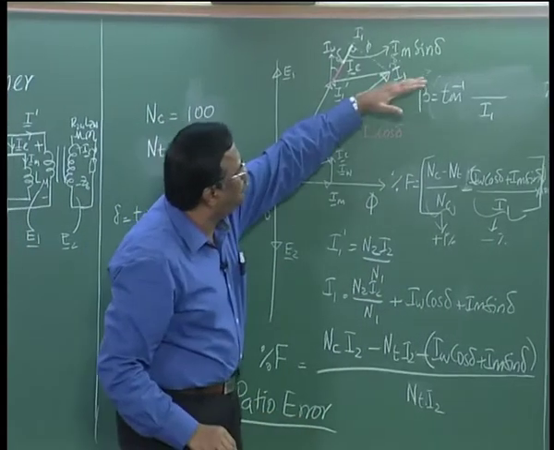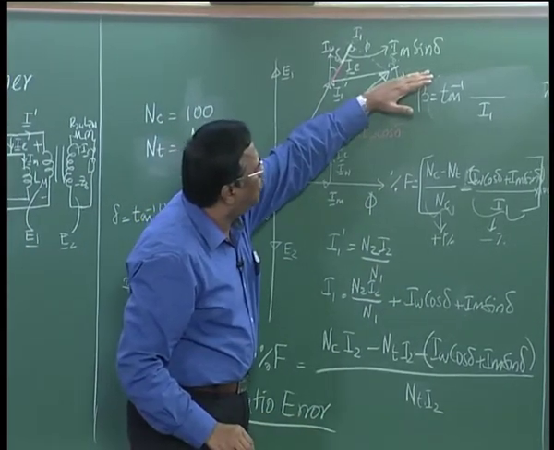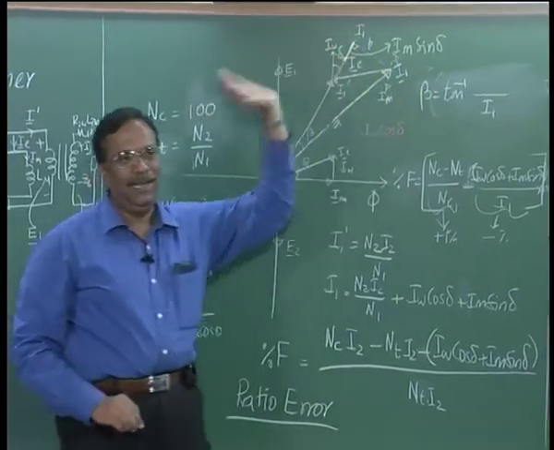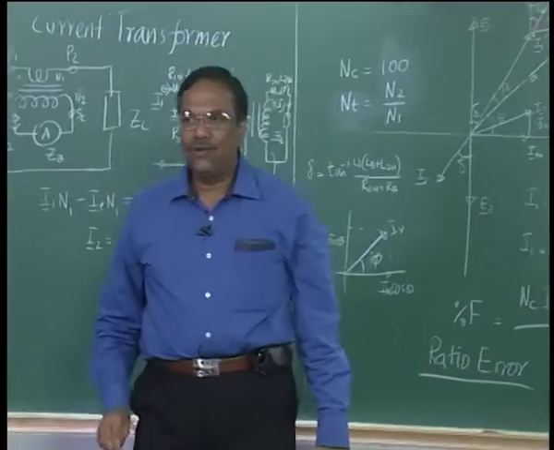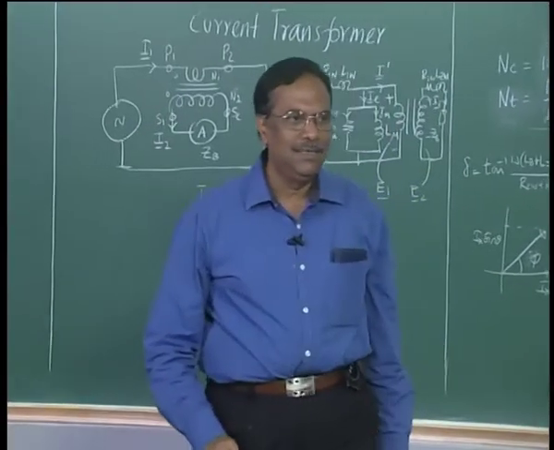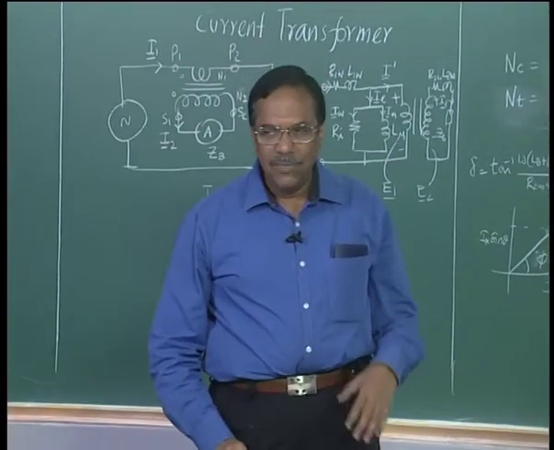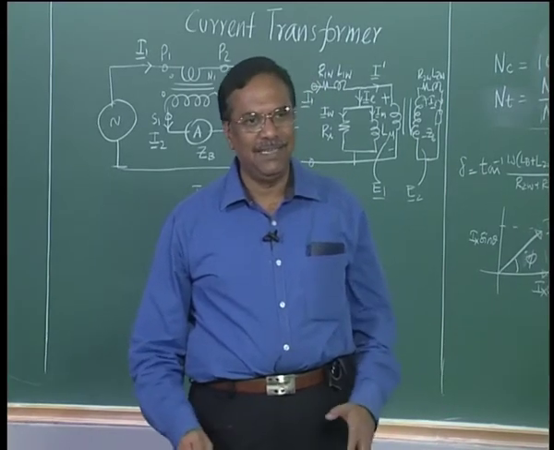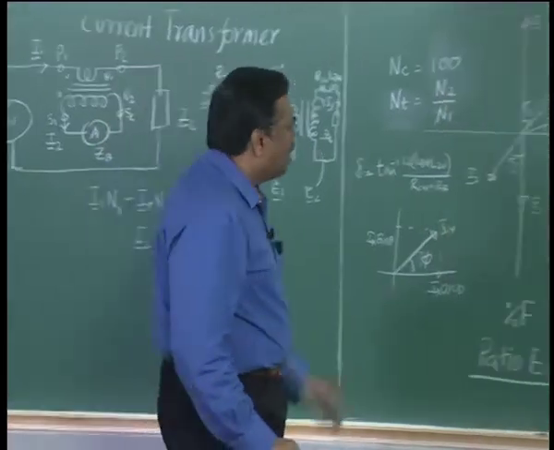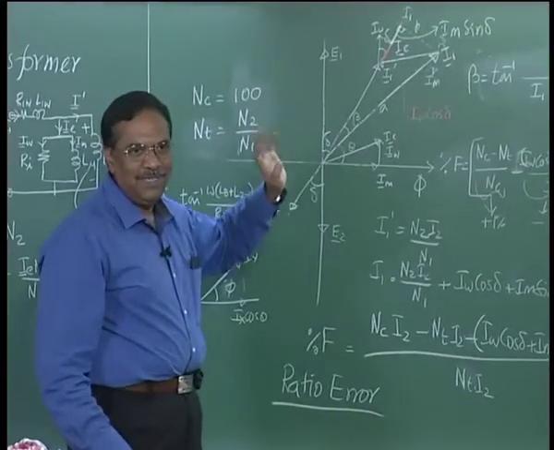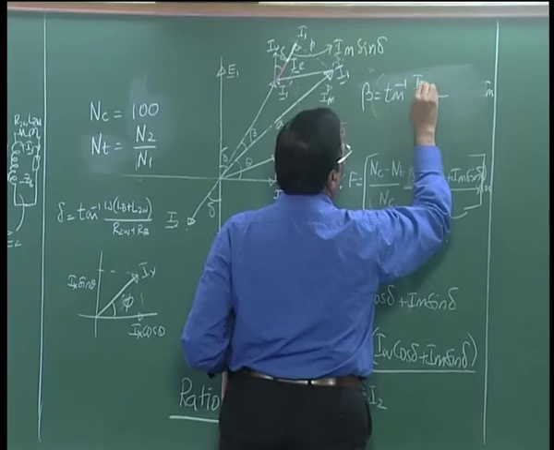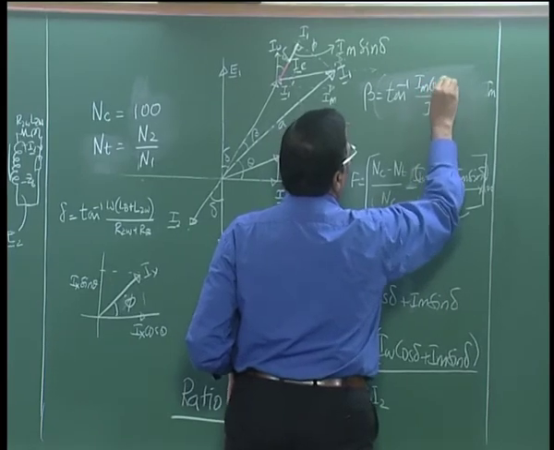Now I put this IM on this axis, okay. So that would be cos delta, sin 90 plus delta, right, because in the second quadrant sin is positive. So that would be IM cos delta.